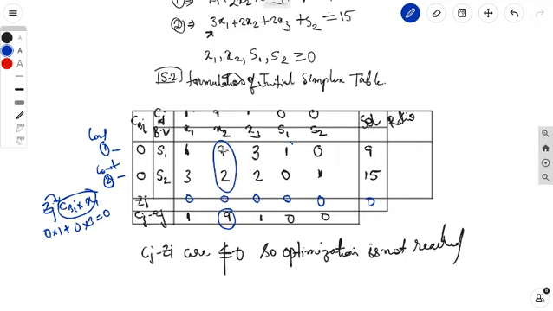Now we divide the solution values by the key column values, so it becomes 9 by 2 and 15 by 2. The minimum value is 9 by 2, and this was the maximum value. So this row becomes the key row.